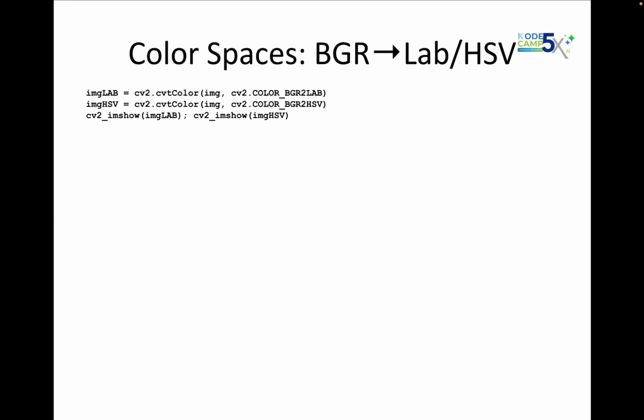So, a new file, we are going to call it hue saturation value.py. So let me explain before I get to code. I need to explain what is going on.